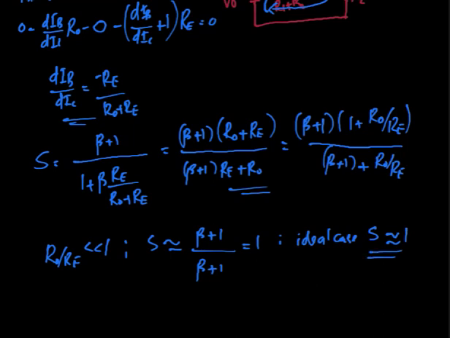But usually in practical purposes, we will take this stability factor to be around 10 to have compensation in all the parameters. That means if you make R0 by RE very small, then we have to make this R2 very small.